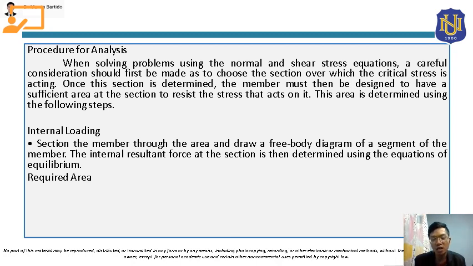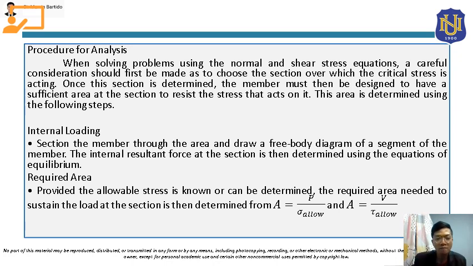After we solve for the internal loading, we can now solve for the required area. Provided the allowable stress is known or can be determined, the required area needed to sustain the load at the section is determined from this formula: the required area is equal to the normal force P over the allowable normal stress, and the required area is equal to the shear force V over the allowable shear stress.